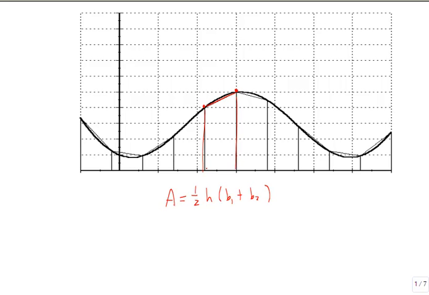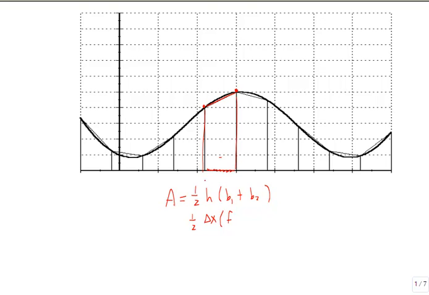So the height is going to be this horizontal distance here, which is going to correspond to the width of all of our trapezoids, which is what we normally call our delta x. And then our base 1 is going to be however high the function is at this left endpoint, and base 2 will be however high the function is at our right endpoint.